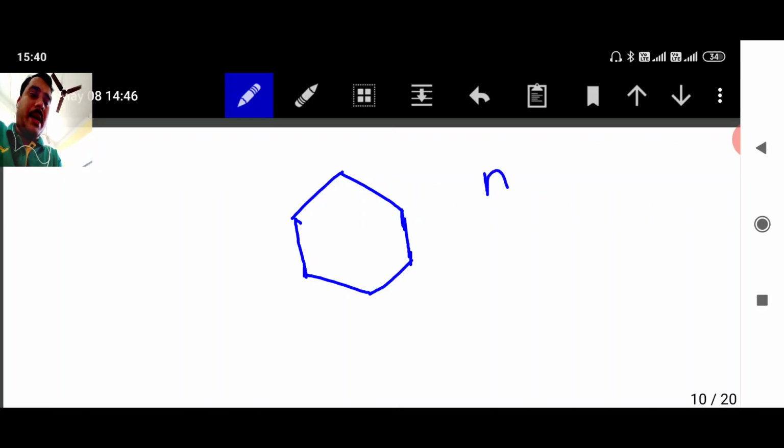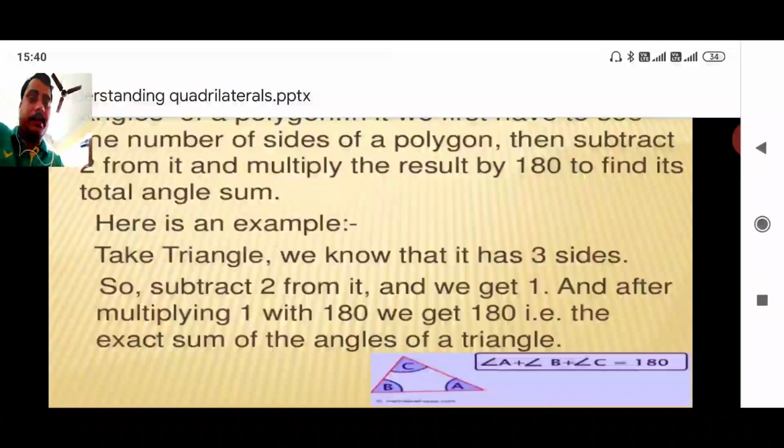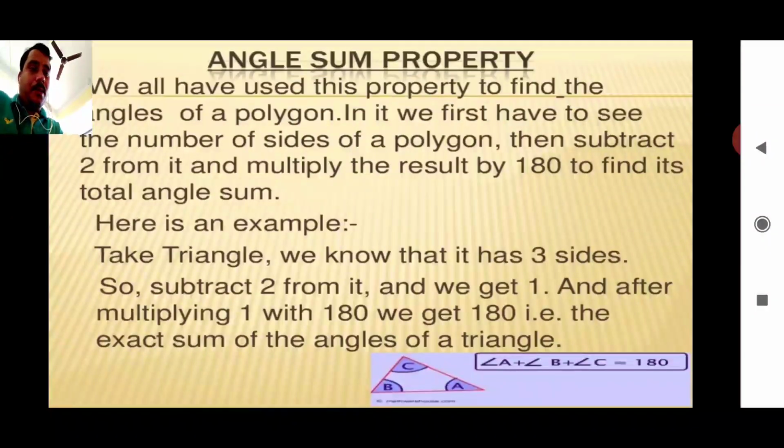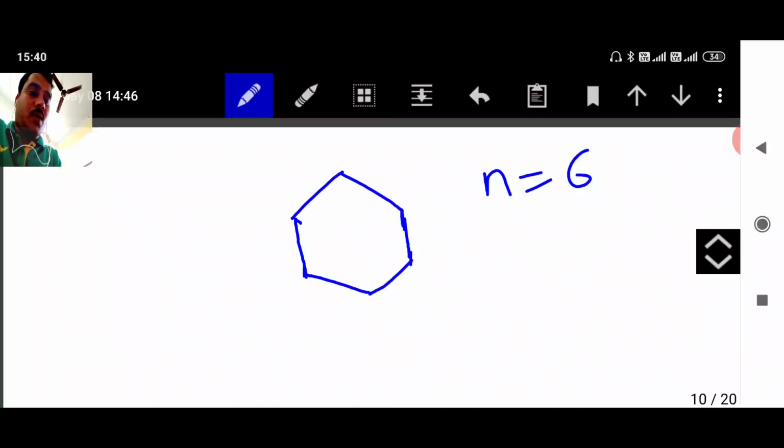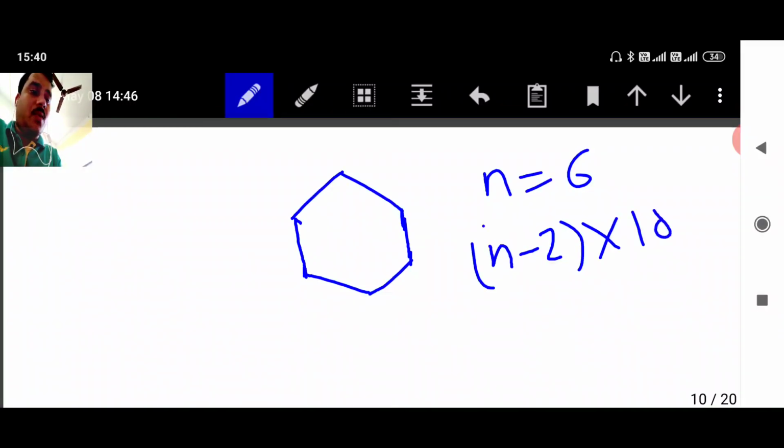Here the number of sides n equals 6. Then subtract 2 from it and multiply the result by 180. This is the sum of angles.